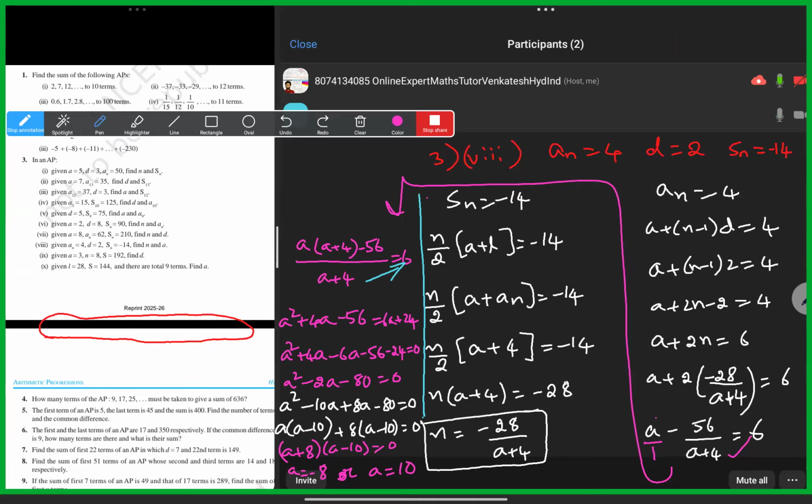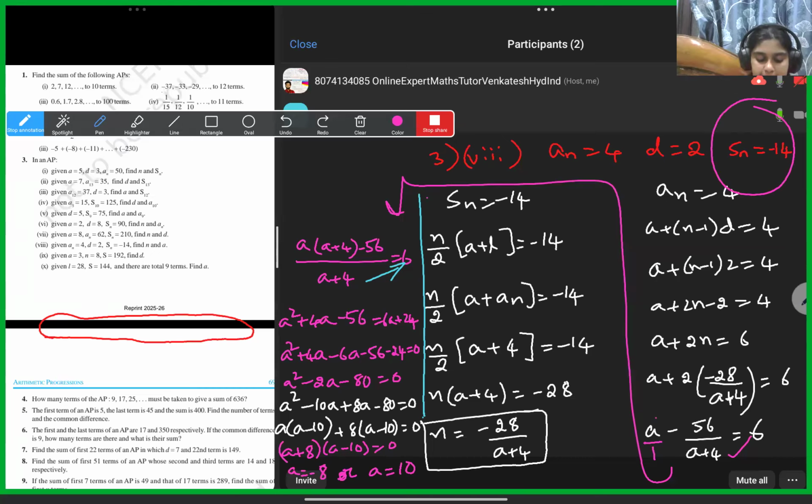Which value are they asking finally in this question? Find n and a. So a we got two values, Hasni, minus 8 and plus 10. Since the sum of n terms is minus 14, negative, if you observe in the question.